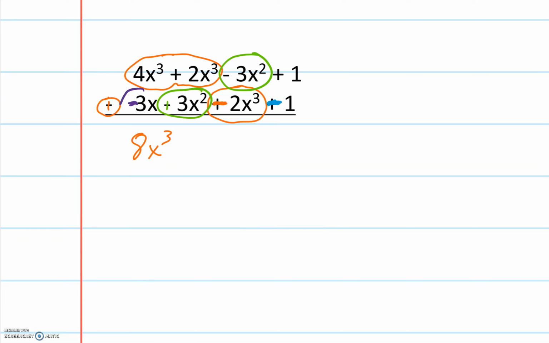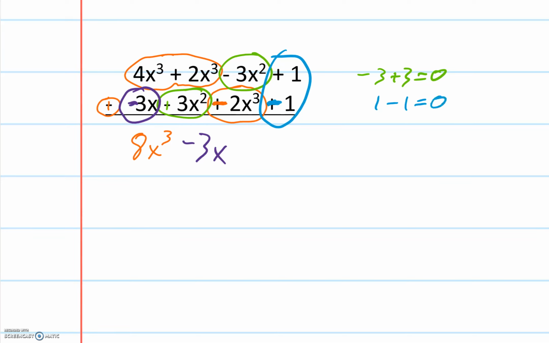Then we have negative 3x, and then we have 1 minus 1, which also goes to 0. So maybe I'll write that here. So 3 plus 3 equals 0. 1 minus 1 equals 0.